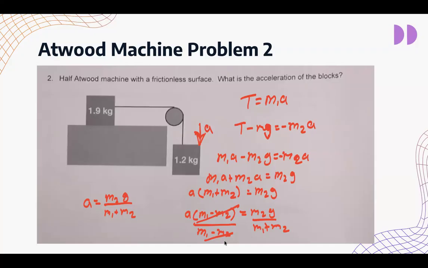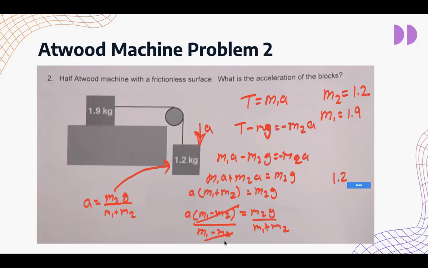So once you do that, now this is the fun part. We get to plug in our variables, right? We defined M2 as 1.2, and M1, correct? Does that make sense? And now we can just input.